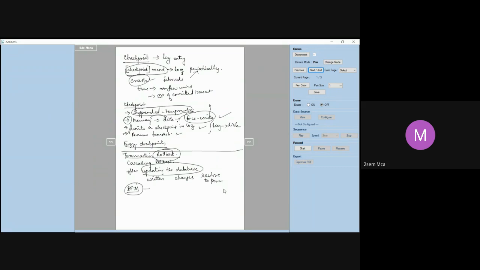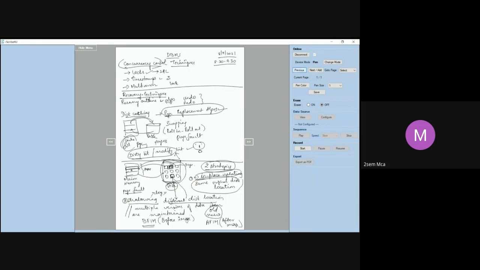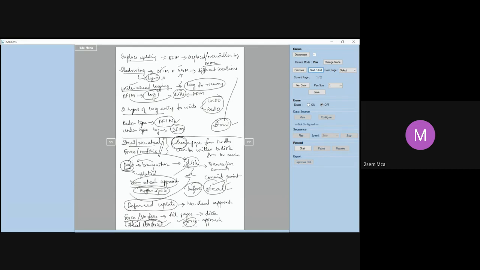So what kind of log entry should we use here? We have to go for the undo type log entry. In the beginning of the class, I said there are two types of log entries that we discussed, redo type and undo type. Two types of log entries are there for a write operation.